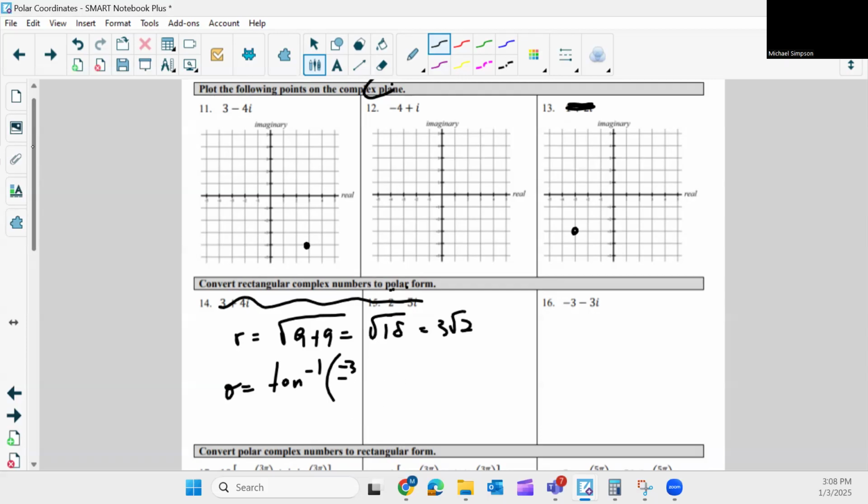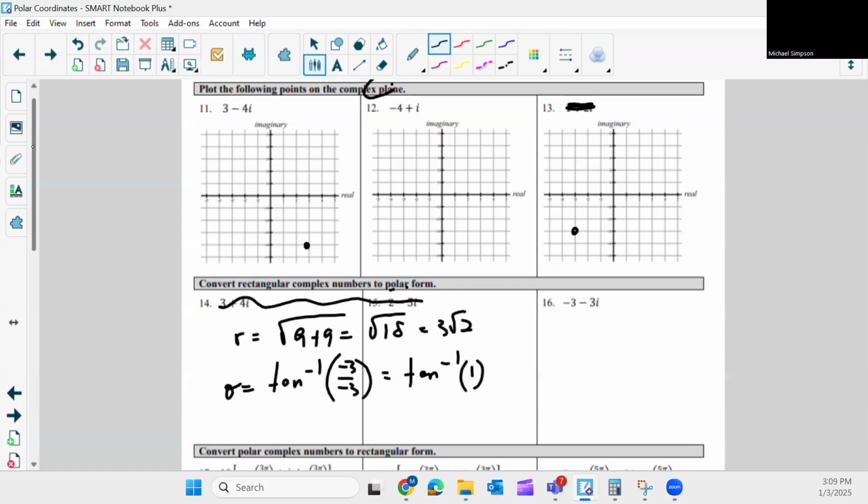That's going to give you tan inverse of positive 1. When I take the inverse, it's going to put me in the first quadrant. And hopefully by now, if you take the inverse tangent of 1, that's going to give you pi over 4.